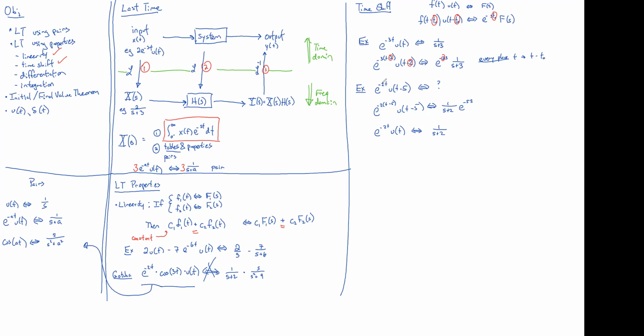We're given something else. So the only way to fix that problem is to take this guy and multiply through this first piece. This is e to the minus 2t, and that's e to the minus 2 times minus 5, which is positive 10. So that's just an algebraic thing.